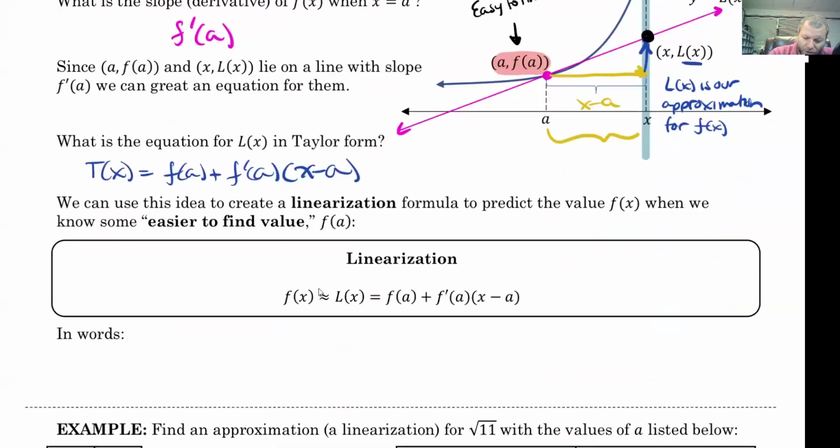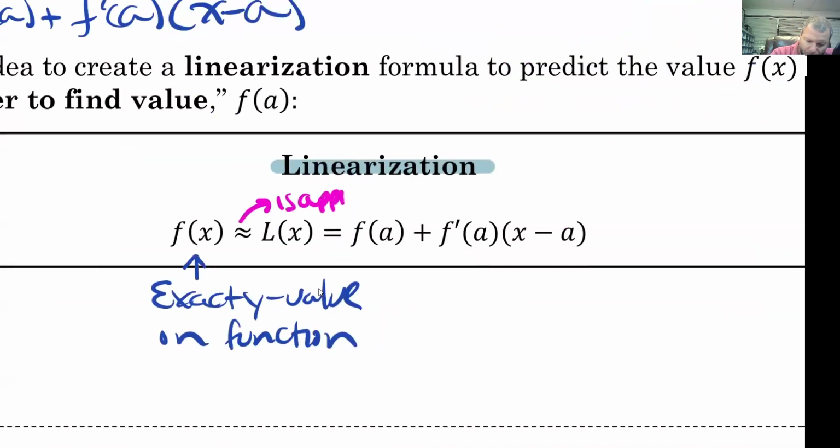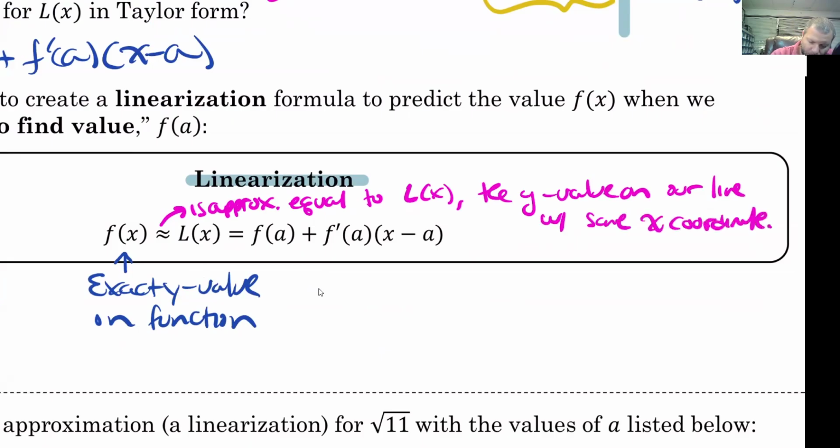So here's our linearization formula. f of x, that's our exact y value on the function, is approximately equal to L of x, that is the y value on our line with the same x coordinate as f of x.